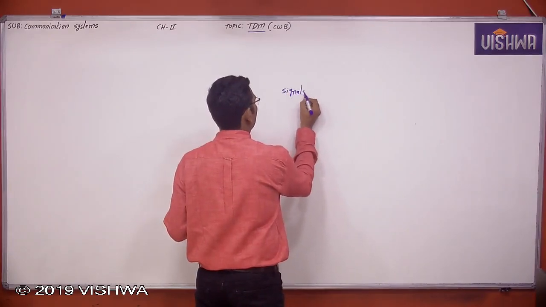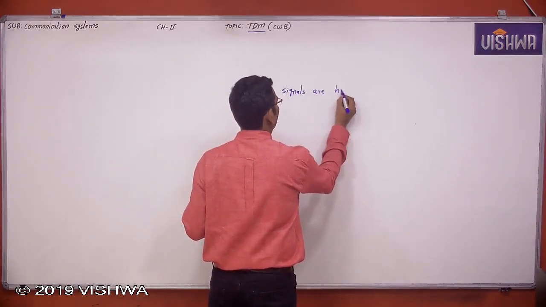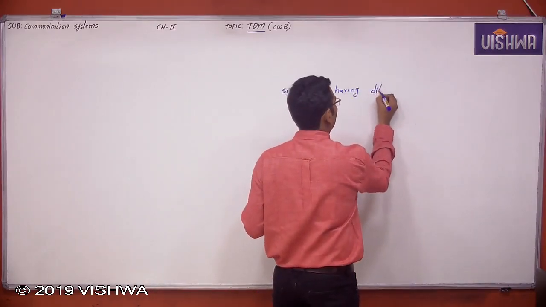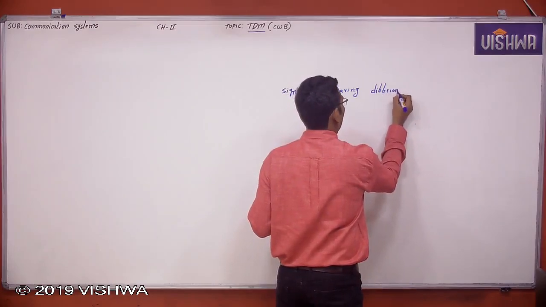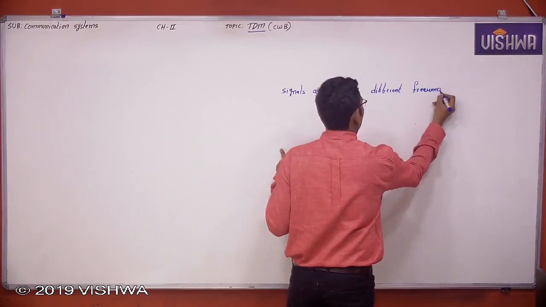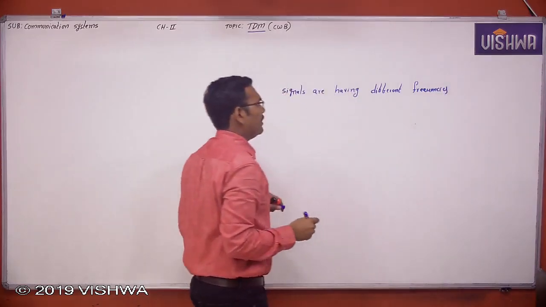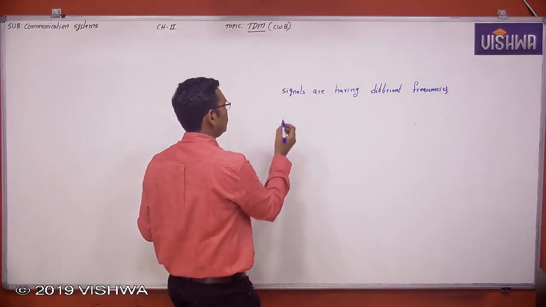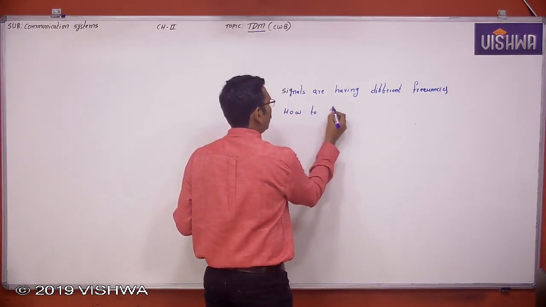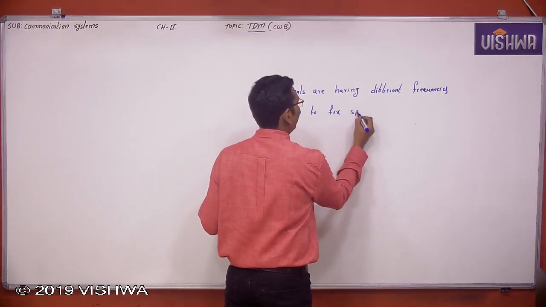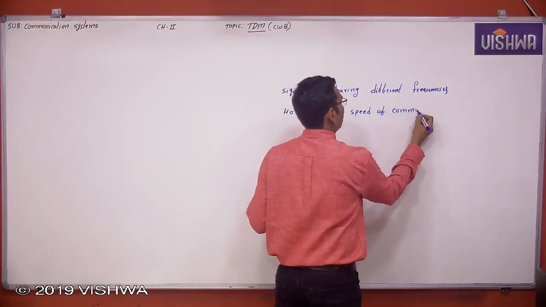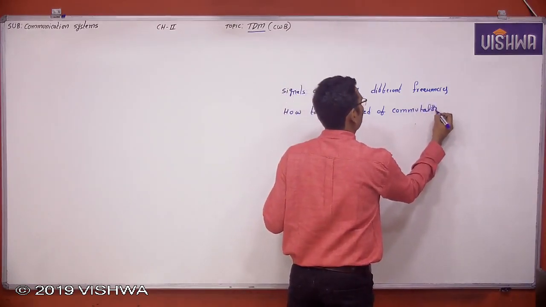If the signals have different frequencies, how do we fix the speed of the commutator?